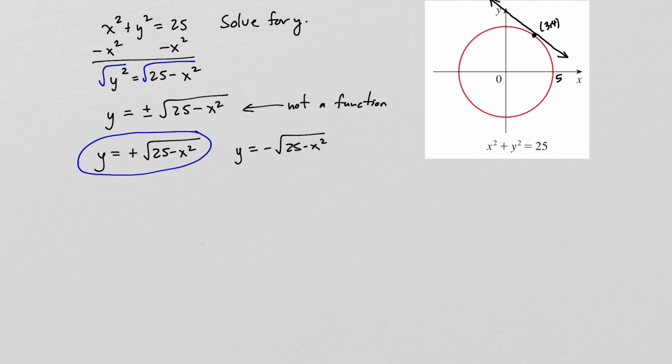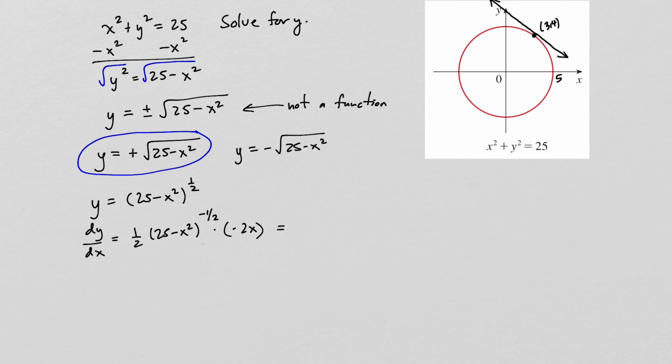So now from here, what we could do is go ahead and take the derivative. So let's go ahead and rewrite this as 25 minus x squared to the 1/2 power, and dy dx would be 1/2 times 25 minus x squared to the negative 1/2, multiplied by the derivative of the inside function, which is negative 2x.